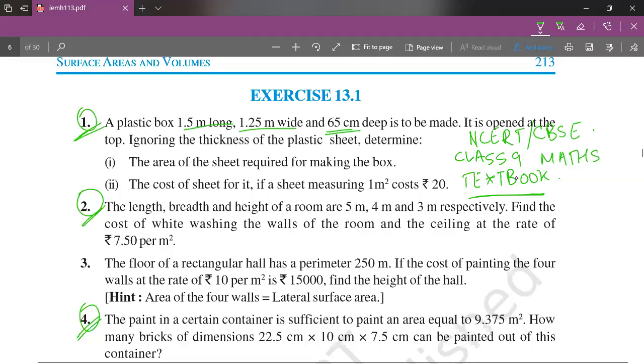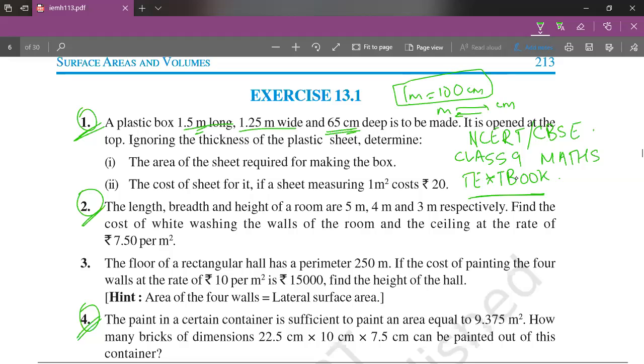But if in the question it is meters here and centimeters here, say for example, then conversion has to take place, and by the analogy of 1 meter equal to 100 centimeters, we can either convert meters into centimeters or centimeters into meters. The plastic box is 1.5 meter long, 1.25 meter wide and 65 centimeter deep.